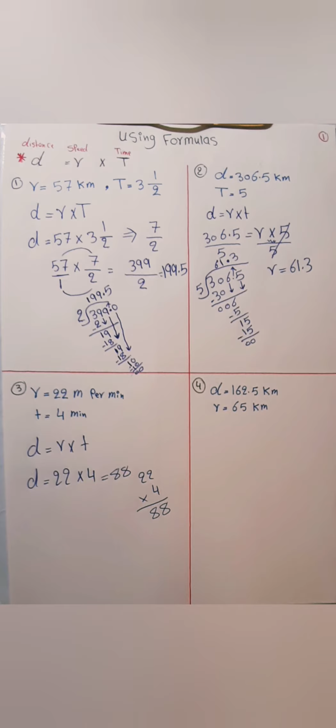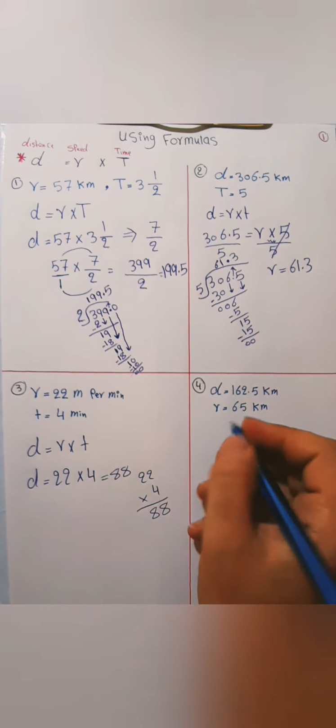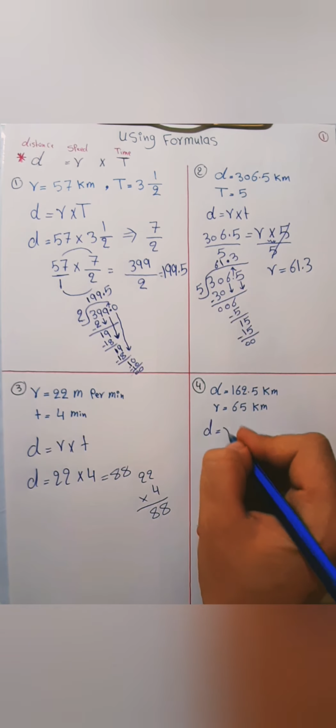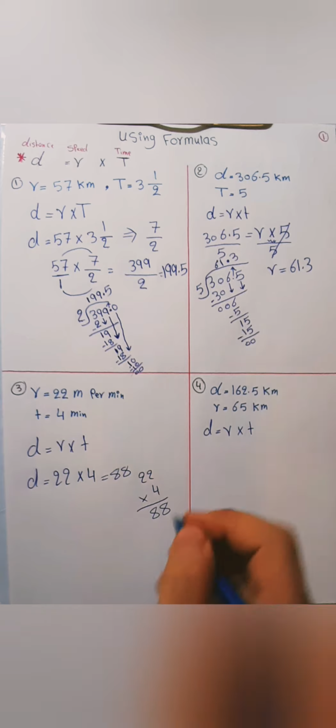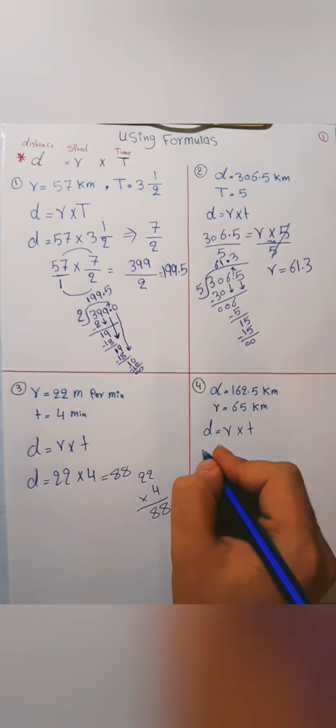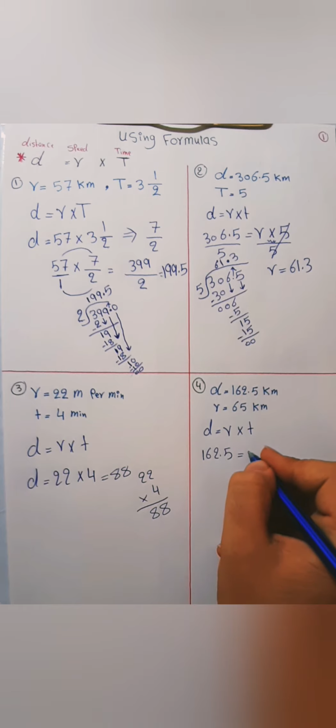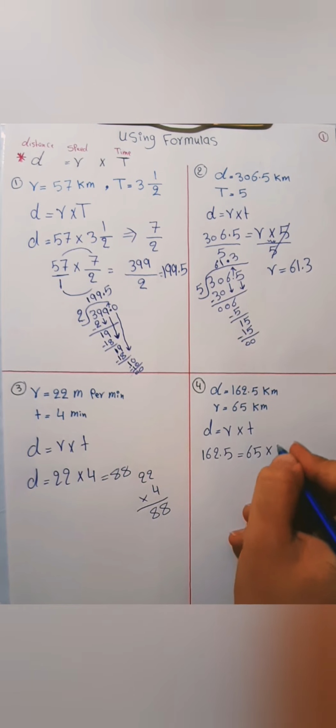Distance is 162.5 kilometers and speed equals 65. The rule is d equals r times t. D is 162.5 equals 65 times t.